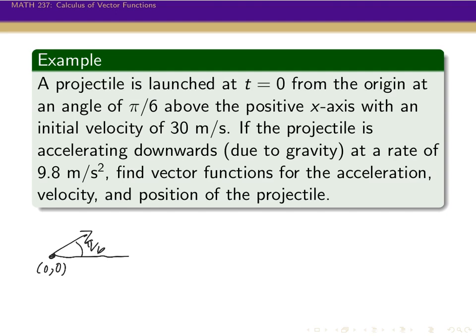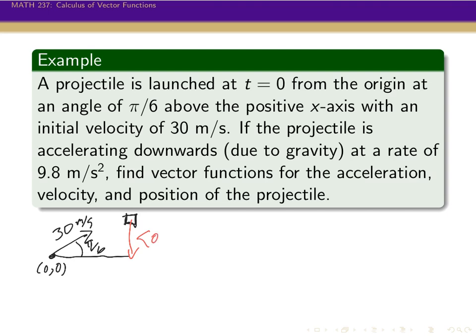And its velocity, the magnitude of it, its speed at the beginning, is 30 meters per second. And as it flies through the air, let's say the projectile's a box, the only force acting on it, so the only thing affecting its acceleration, is gravity. And gravity is pulling down at a magnitude of 9.8 meters per second squared.